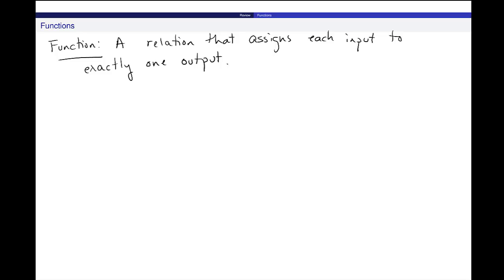So our example above was not a function because you saw my name, Joanna, being assigned to two different outputs, my cell number and my work number. So that is set up right there where my input is going to my cell and work means that this is not a function.